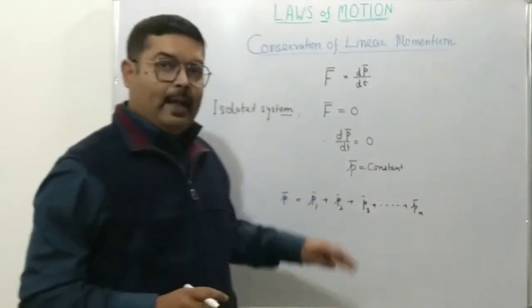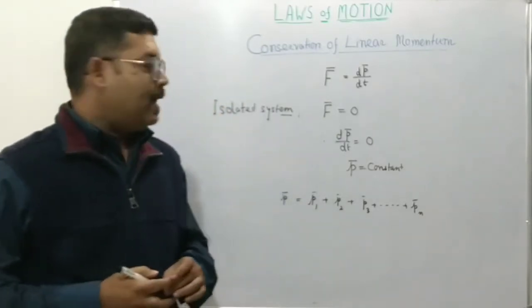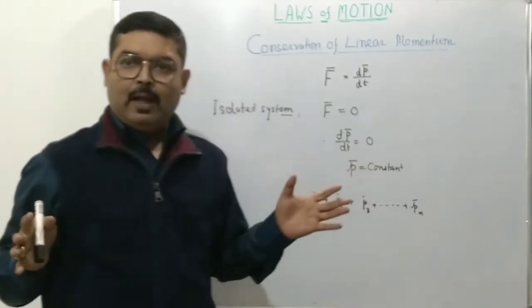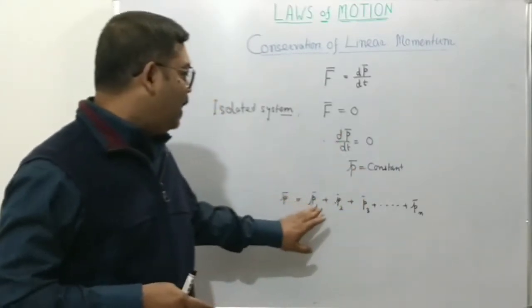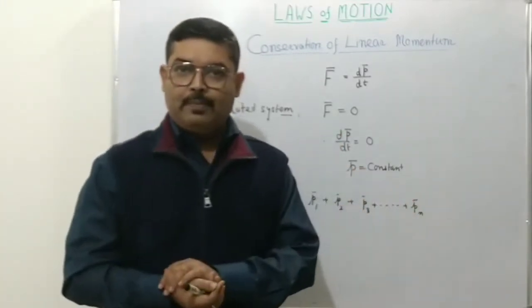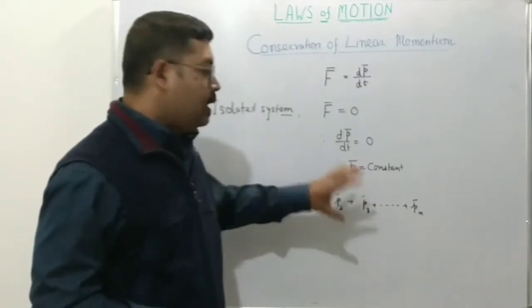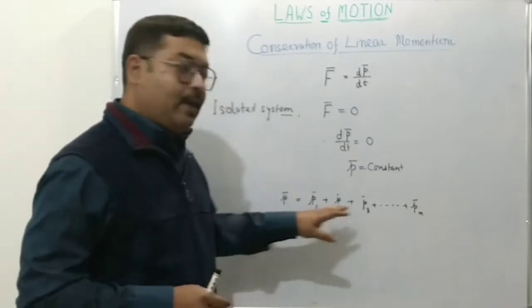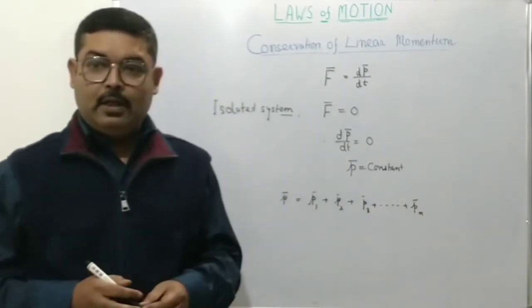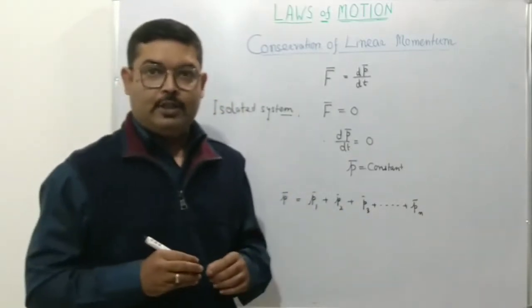The particles are moving about with different velocities and have different masses, so each particle has its individual momentum. However, as long as there is no external force acting on it, this sum, the net momentum, will always remain conserved, or it will not change.